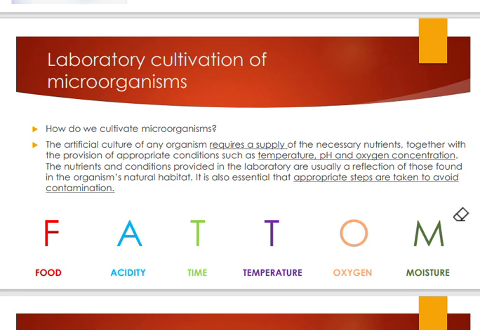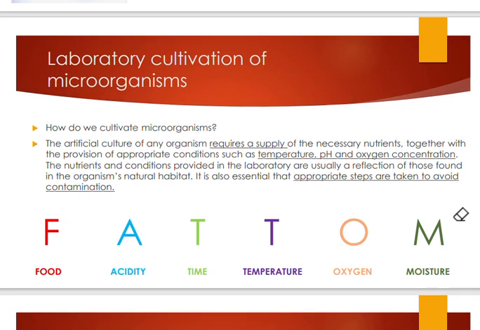So now we will discuss how you can cultivate microorganisms, how you can grow microorganisms in the laboratory. The artificial culture of any organism requires a supply of the necessary nutrients. Your microorganisms will basically not grow if they don't have any supply of nutrients.